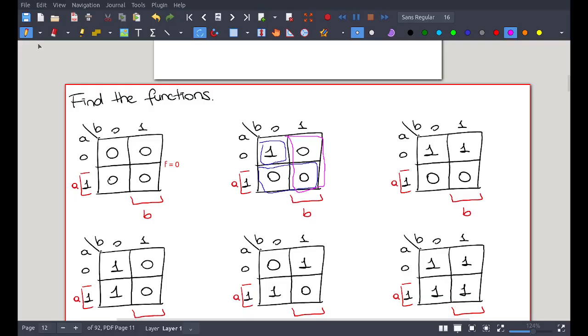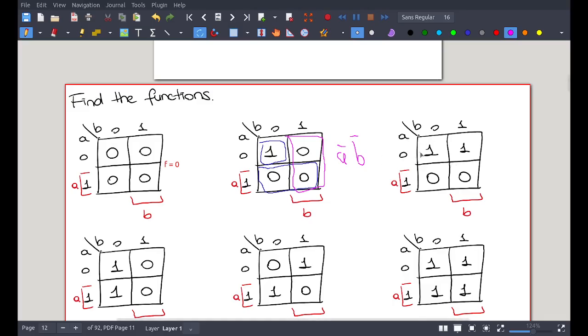Which means the value of the function is f equals a naught b naught, because it's outside of these two squares. It's outside of the a square, it's outside of the b square, and therefore we get a naught b naught. I hope that's clear.